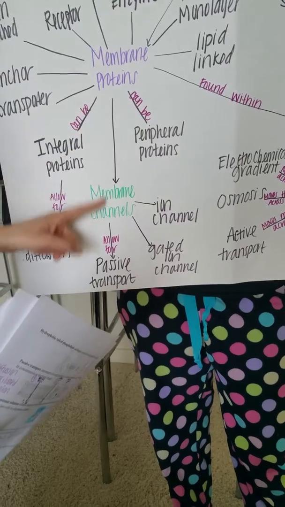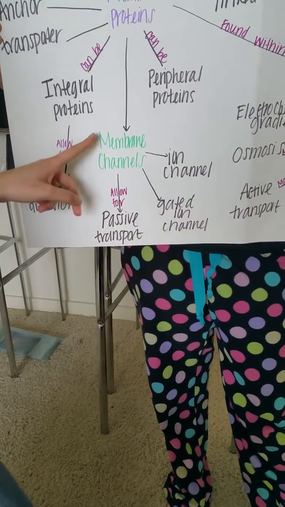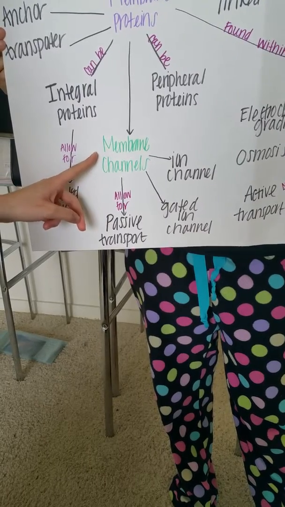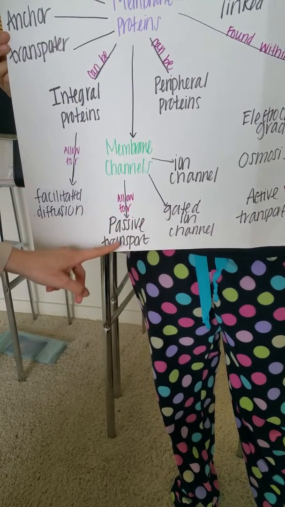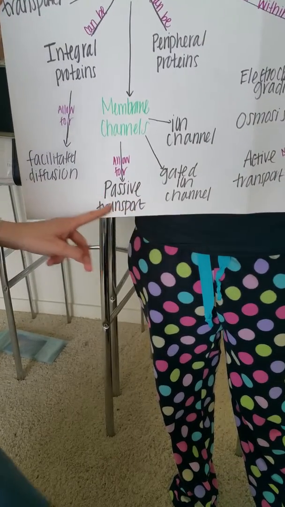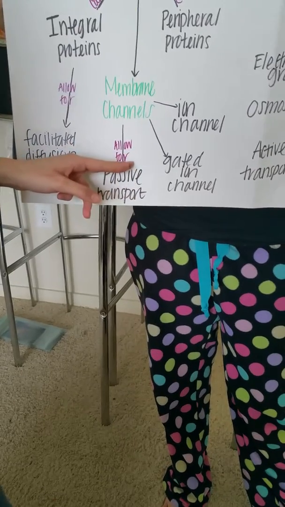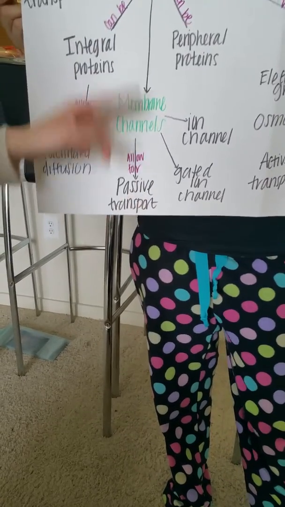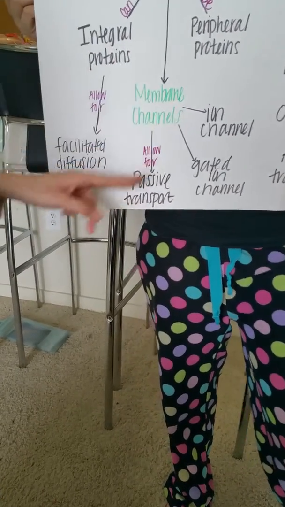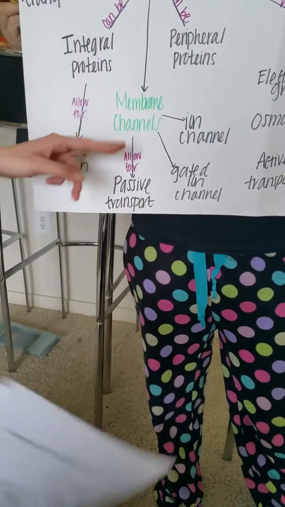Another type of membrane protein is membrane channels. Membrane channels allow for processes like passive transport, where molecules move across the cell membrane, but they can only cross by means of these specific membrane channel proteins.